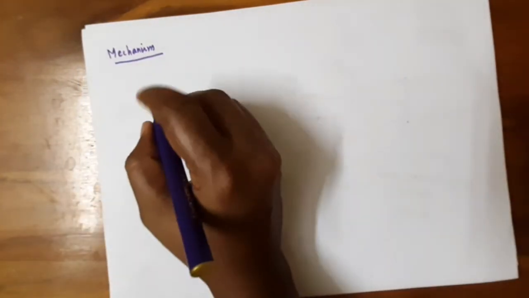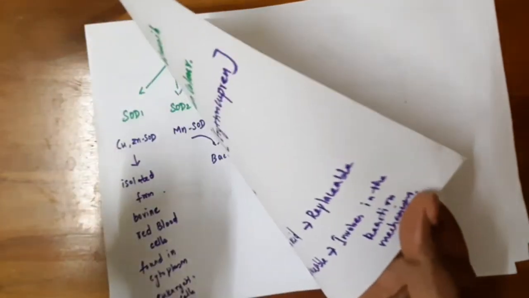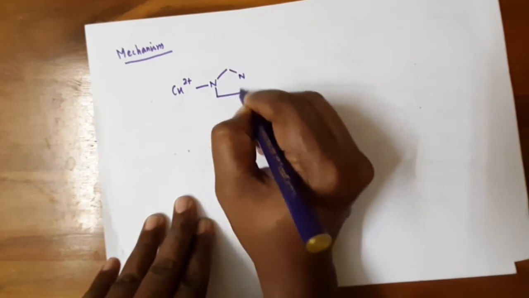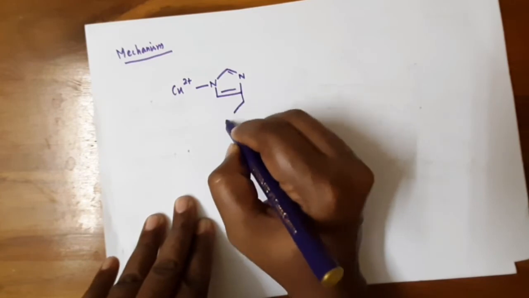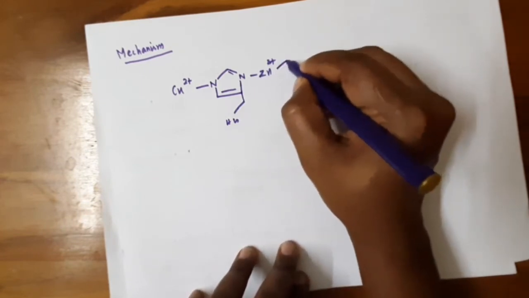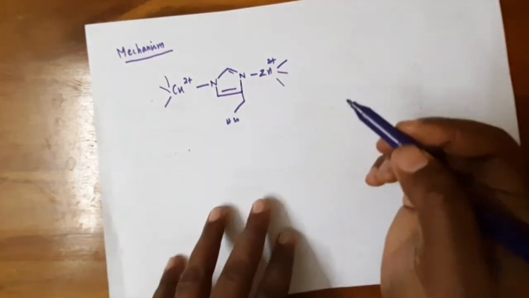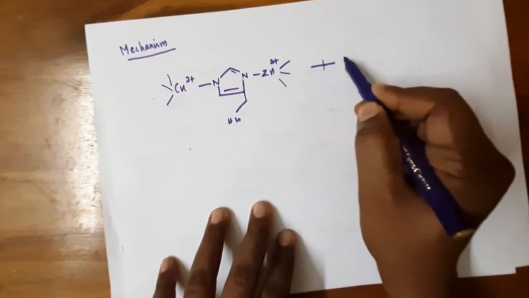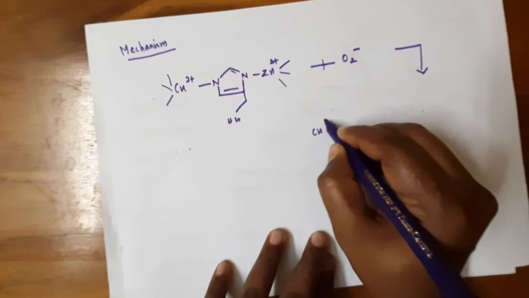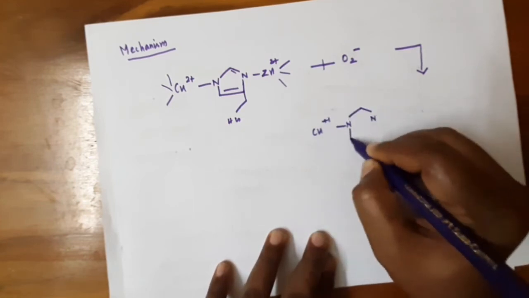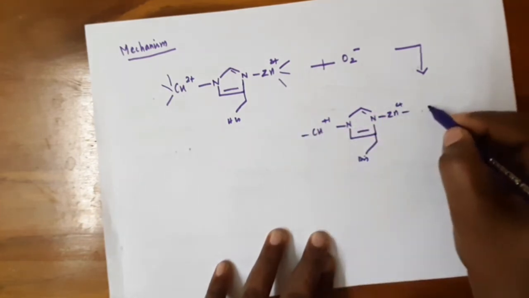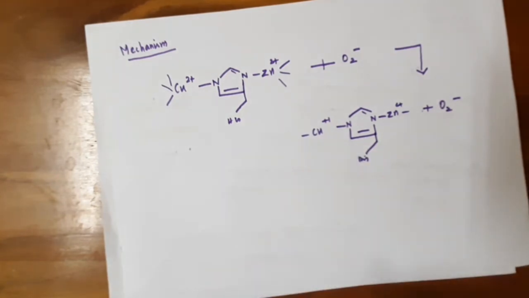First, in superoxide dismutase, copper 2 plus is coordinated by the histidine residue, and during this step the copper gets reduced. Okay, this is the first step.